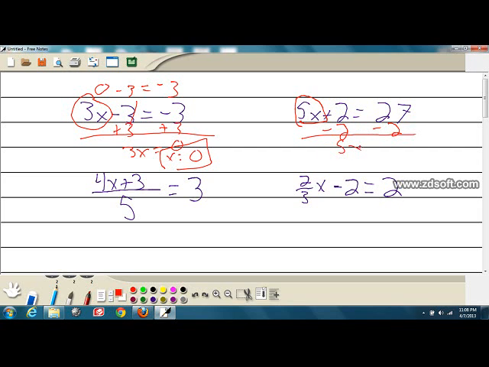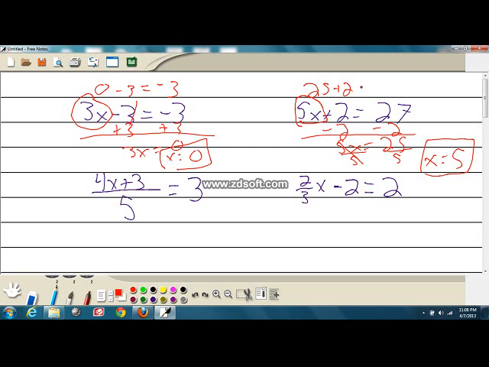Now you're left with 5x is equal to 25. Then you divide both sides by 5. What's 25 divided by 5? Hopefully you said 5. Let's plug it in. 5 times 5 is 25. 25 plus 2 is 27. So we're good.